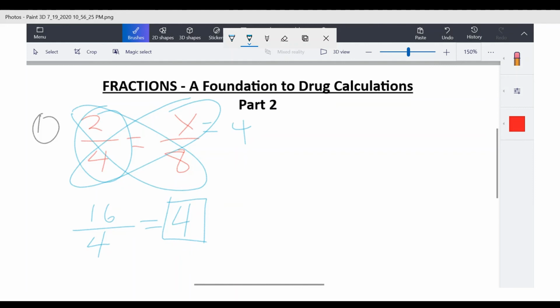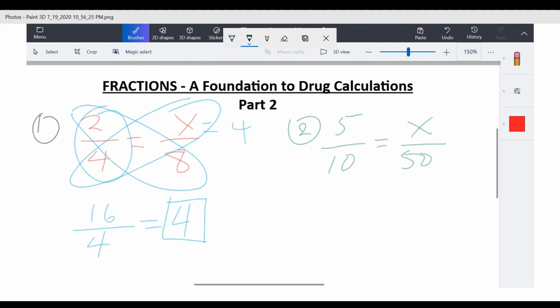Let's move on to number 2. We'll make up a number such as 5 over 10, and then we have 50 over x, for example.